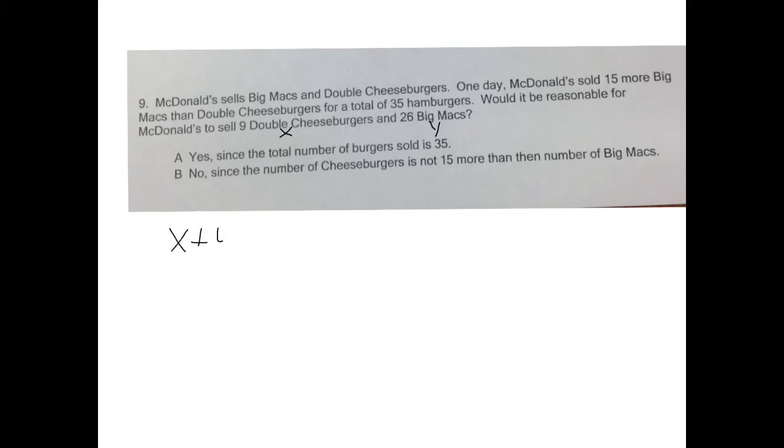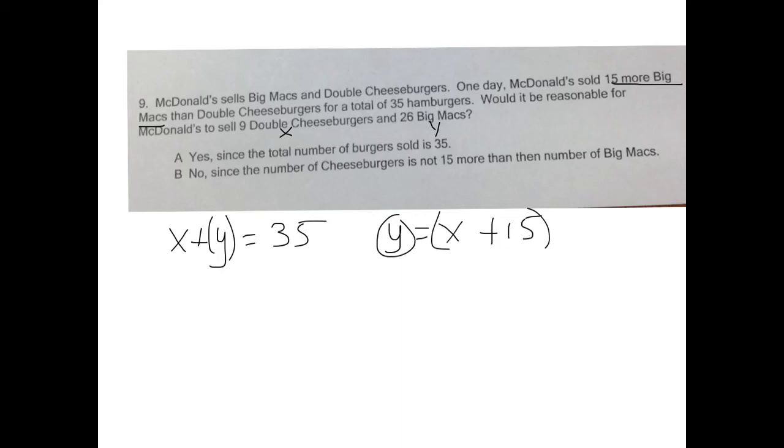So together we sold 35. 15 more Big Macs, so that starts with Big Macs as Y equals 15 more, which is plus 15 to X. So this is already solved, so we're going to take and plug that in. Y goes into right there. So it's X plus 15 equals 35. X plus X is 2X plus 15 equals 35.